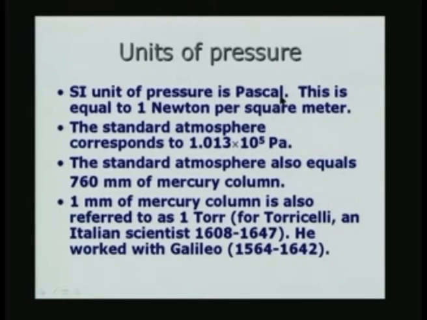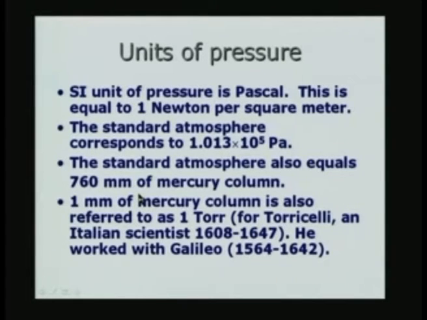And you see that the Pascal in relation to the standard atmosphere is a very small quantity indeed. This is some 10^5 times the Pascal. The standard atmosphere is also sometimes measured in terms of the hydrostatic pressure developed by a column of mercury, and the standard atmosphere actually is defined such that it is exactly equal to 760 millimeters of mercury column.